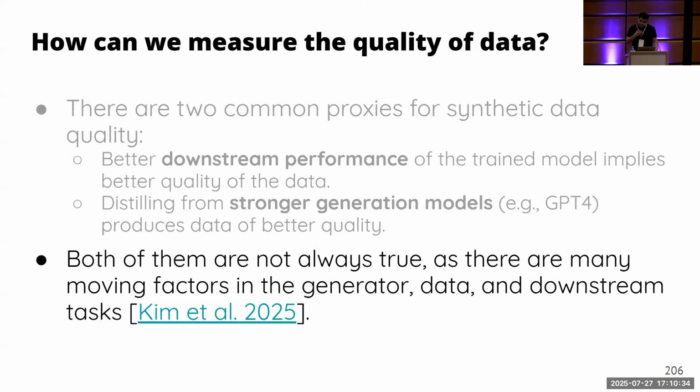A recent study showed that both of them are not always true. There are many moving factors, and often you need a good match among these different factors to get the optimal performance. These raise the question: what should be good indicators of data quality?